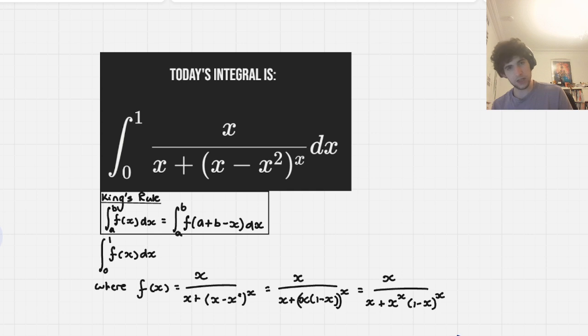Now I can divide top and bottom by x, because if I bring out a common factor of x, this is the same thing as x divided by x times 1 plus x to the x minus 1 multiplied by 1 minus x to the x.